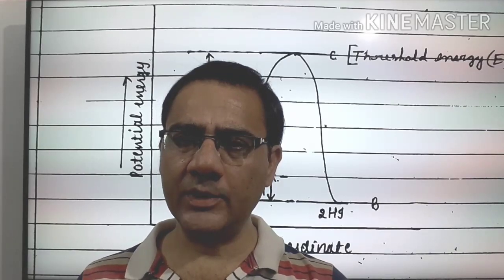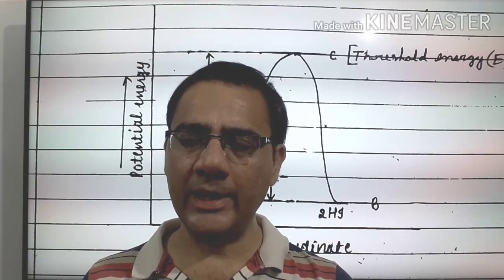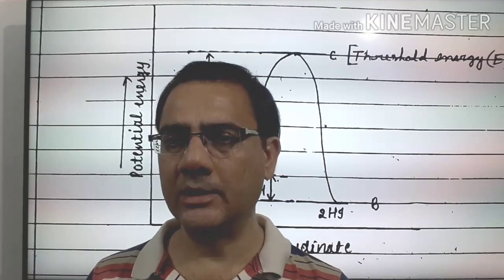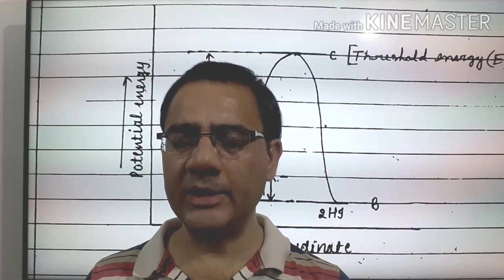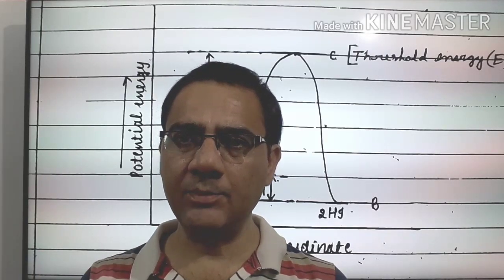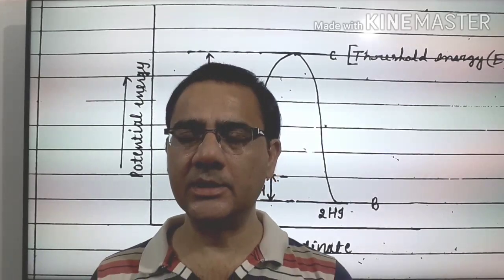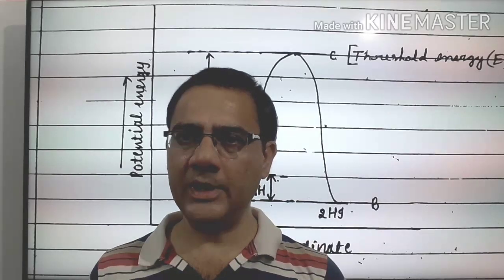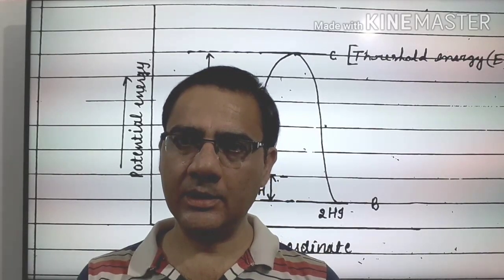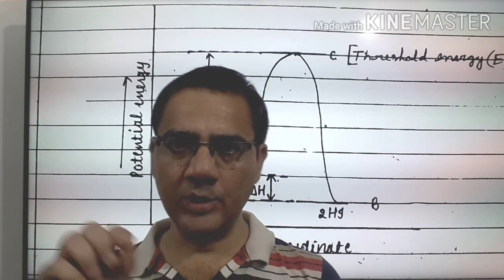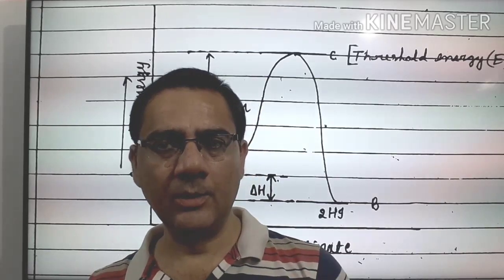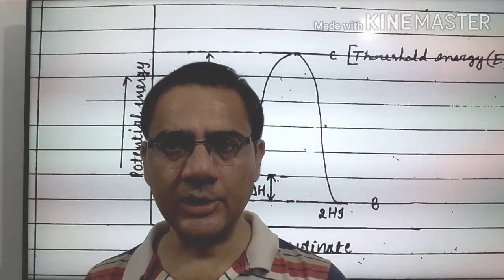I must have the minimum energy required to fight with that person. If I have that much energy, then we will try to fight, and that minimum energy is called threshold energy. So the reacting species and their molecules, if they have the minimum energy to react and to form the product, that minimum energy is called threshold energy.